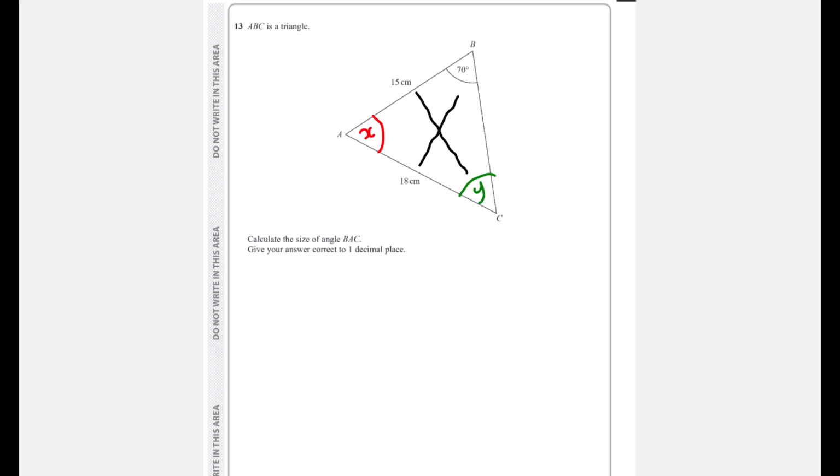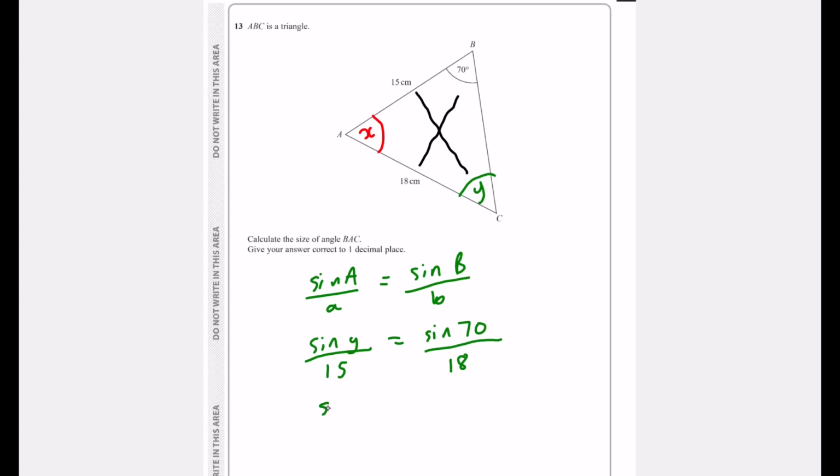So the sine rule, we're working out an angle, so let's put the angles on top. So we'll have sine A over A equals sine B over B. That's sine Y over its opposite, which is 15, equals sine 70 over its opposite, which is 18. Times by 15 to get sine Y by itself, and type it in the calculator.